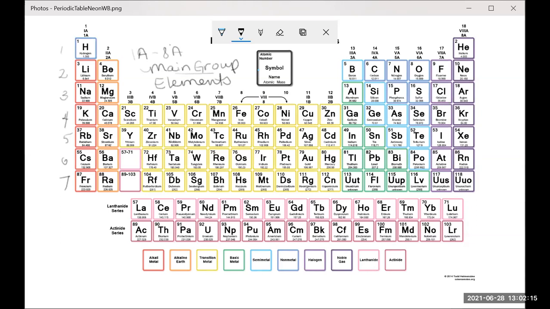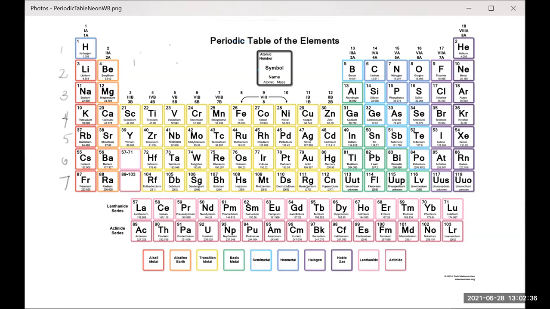What about the other ones here inserted down below? So we have 3B and then it resets to start back at 1B, 2B. This is actually like an 8B, all 3 columns there. So all of these other ones with the B's, even down here, since they're inserted in here, are called transition elements.